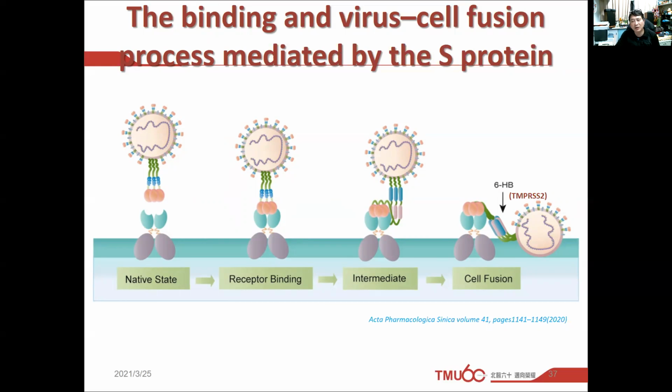So it's very important for cell infection. I would like to emphasize these two events: first, the ACE2 receptor, and another, the protease TMPRSS2, which are very important for facilitating entrance of the COVID-19 virus into the host cells.